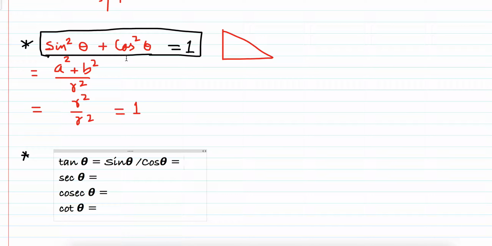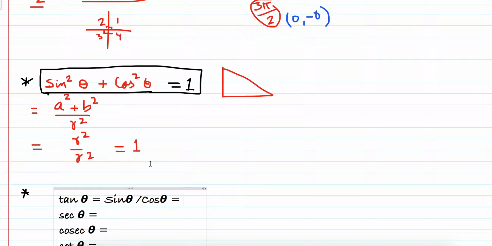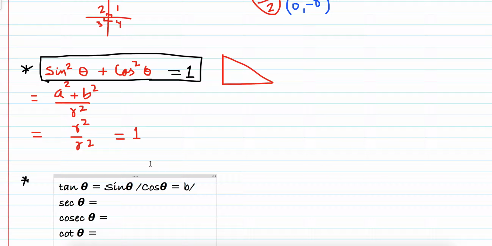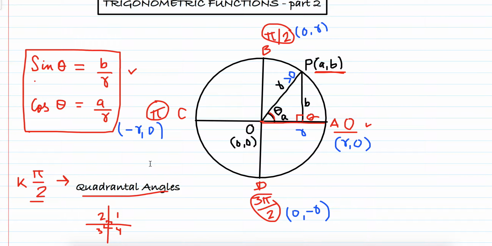Sin theta is b upon r, cos theta is a upon r. So r will get cancelled and we will get b upon a. Sec theta is 1 upon cos theta, so we will get r upon a.